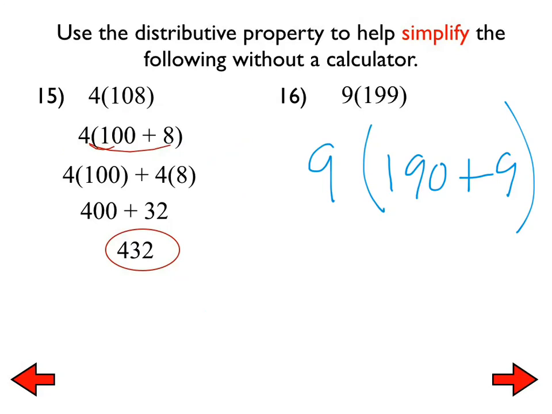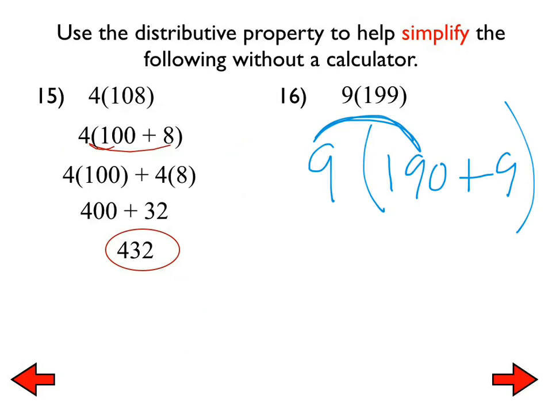But isn't there an easier way of doing it than that? Because remember, the whole point here is that this allows us to really find the product mentally. And I don't know about you, but I imagine a lot of you don't know what 9 times 190 is mentally. So isn't there an easier way of dealing with this? Yes.